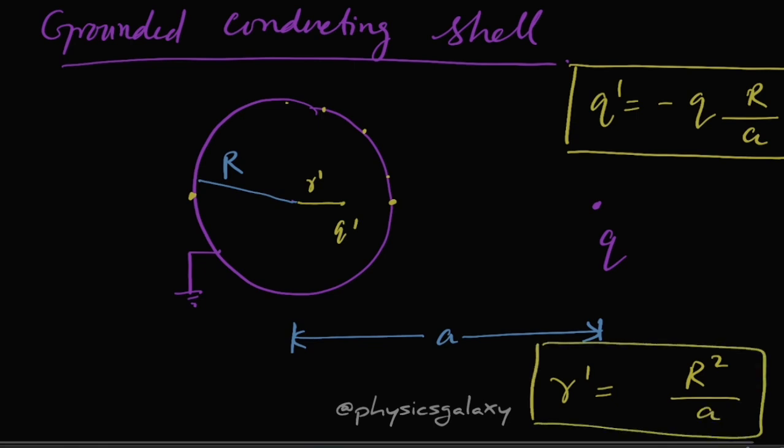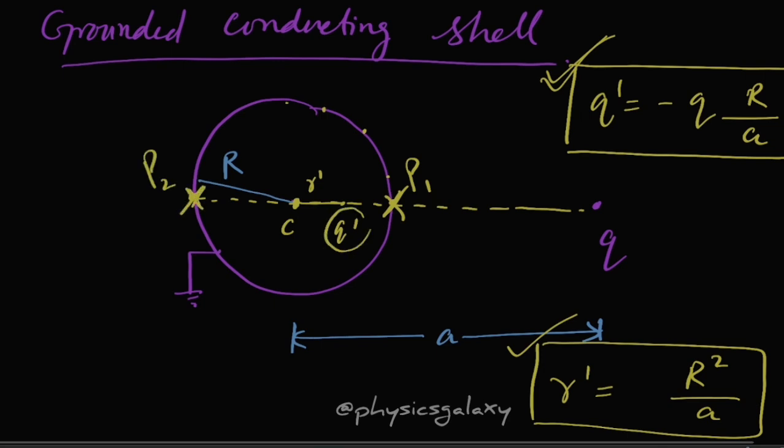So if you want to get your results q dash and r dash, take this line connecting the center of your spherical conducting shell with the charge q. Find the potential at this point p1, and find the potential at this point p2 using your charge q dash at a separation r dash.